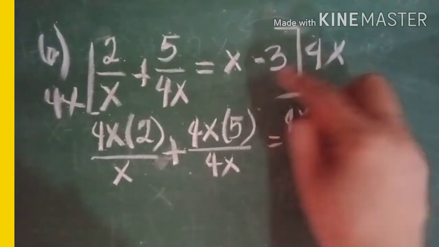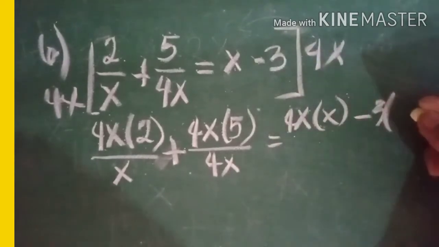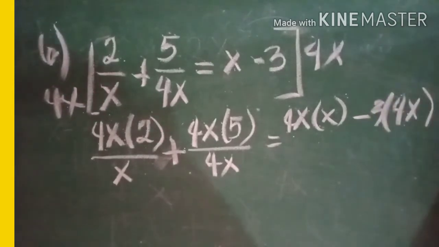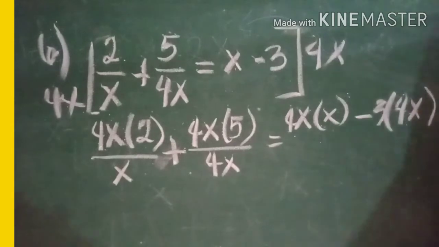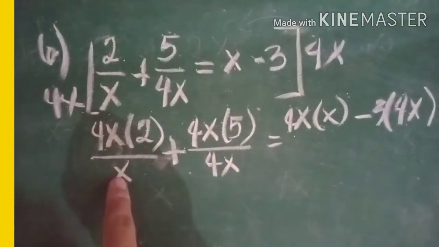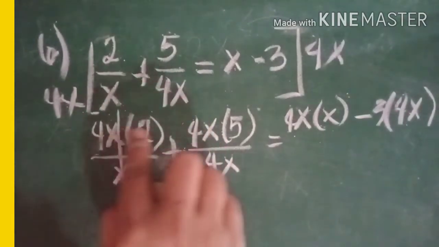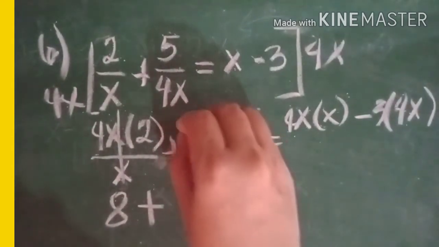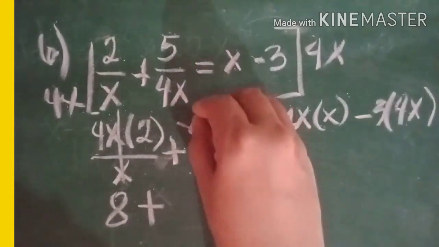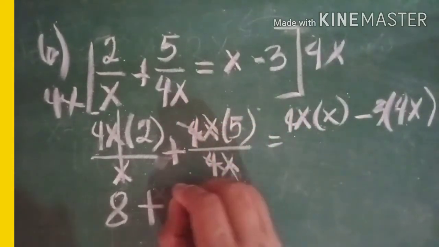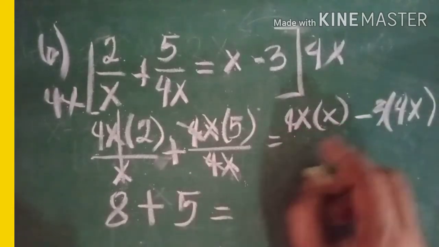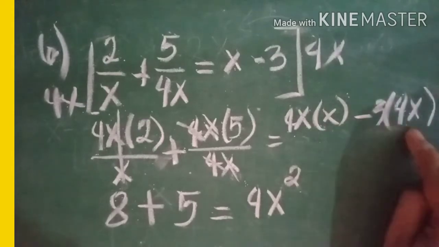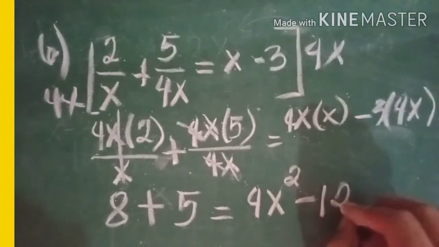Okay, minus negative 3 times 4x. Okay, next, simplify 4x times 2 divided by x. So, ika-cancel na natin yung x. So, 4 times 2 is 8. Plus, 4x cancel. Cancel 4. Cancel x. And then, we have 5 equals 4x times x is 4x square. Then, negative 3 times 4x is negative 12x.